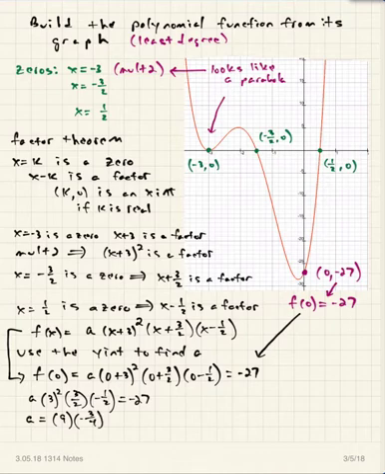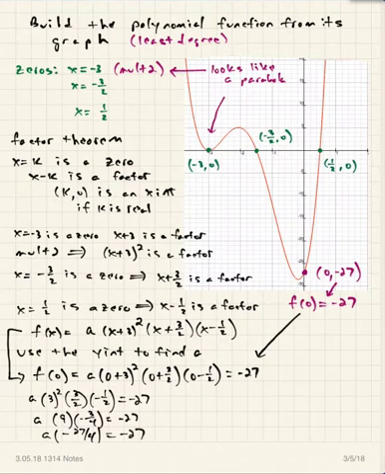So you have a times 9 times -3/4. I'm sorry, I put a equals there for some reason. It should just be a. So you have a times 9 times -3/4 equals -27. You get a times -27 over 4 equals -27.